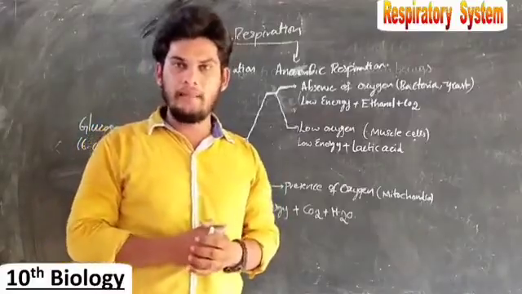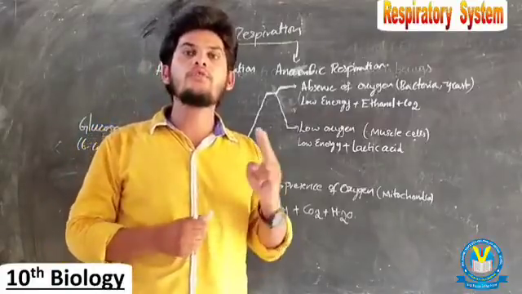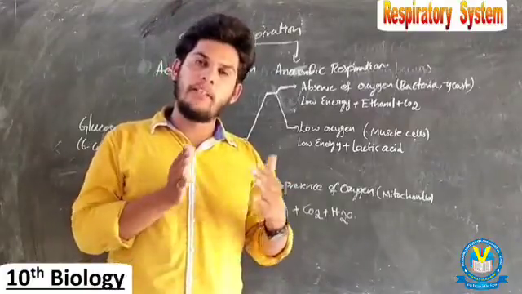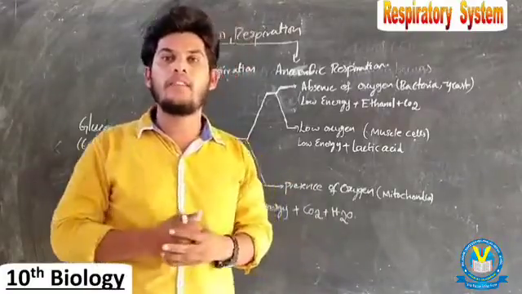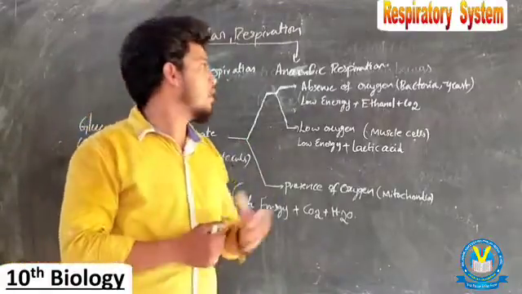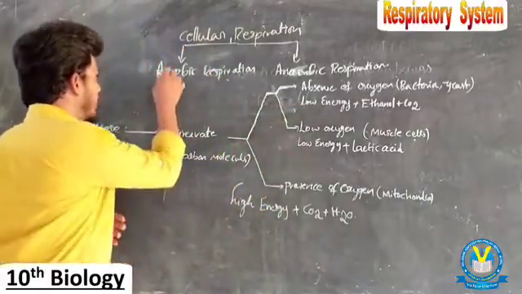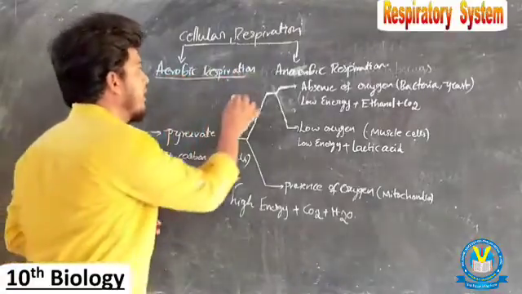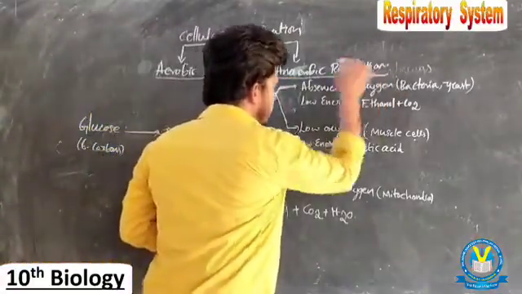Cellular respiration can be classified into two types depending upon the presence and absence of oxygen: aerobic respiration and anaerobic respiration.